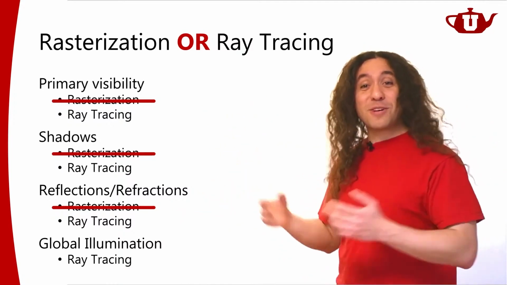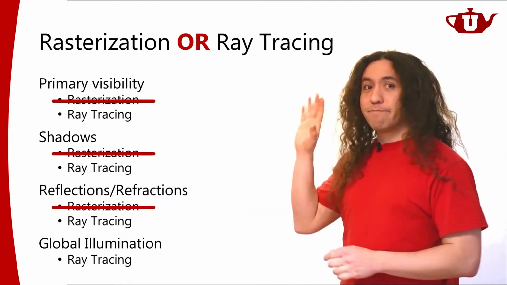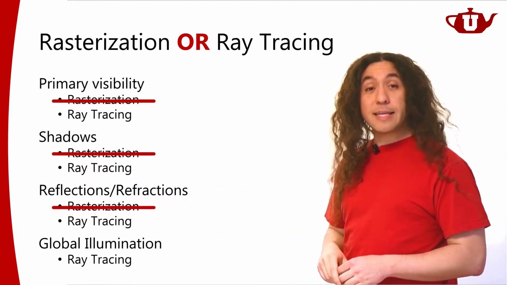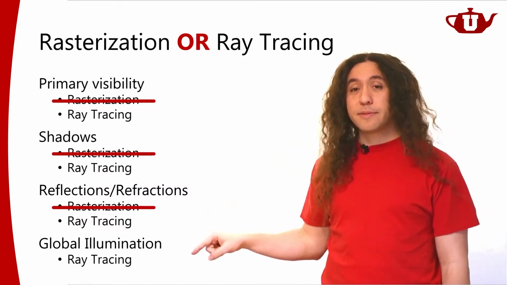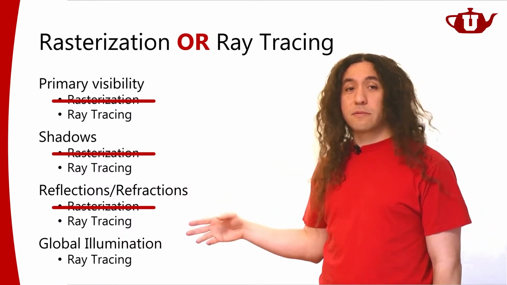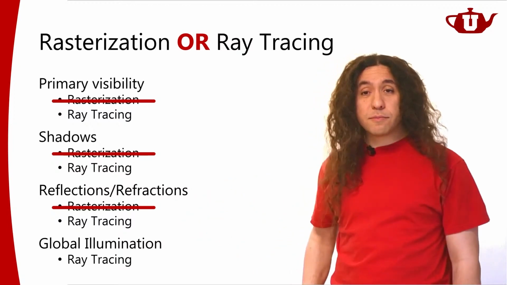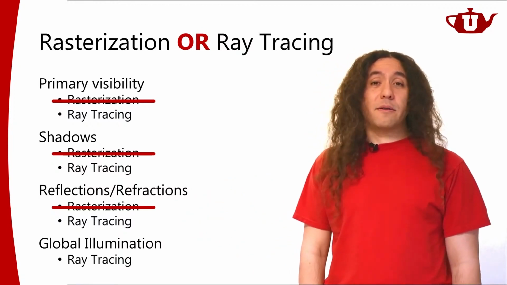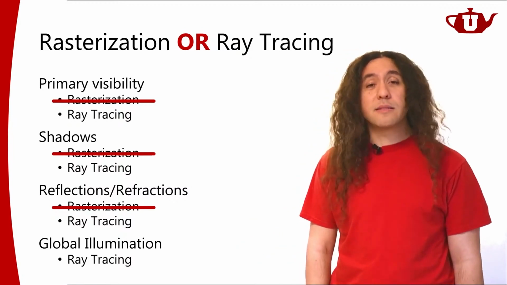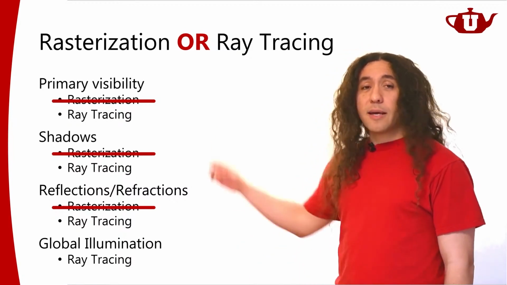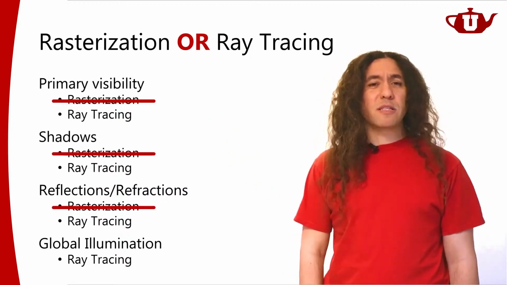So my prediction for the future, based on this picture, is that when ray tracing is fast enough that we can compute global illumination using the techniques that we want, with, I don't know, on the order of 100 to 1,000 rays per pixel, and we can handle that, then I'm going to say we probably won't need rasterization, except for maybe some special cases.